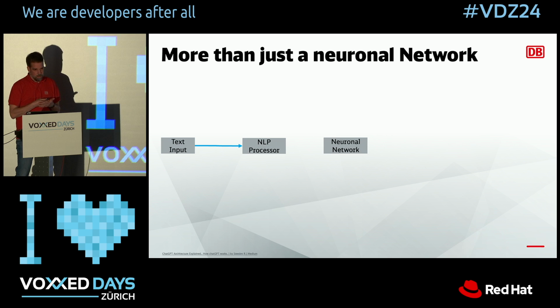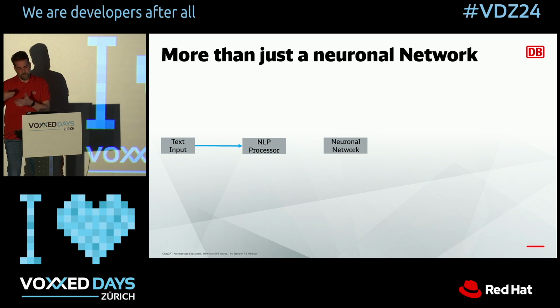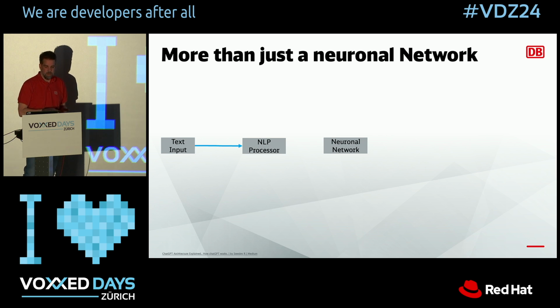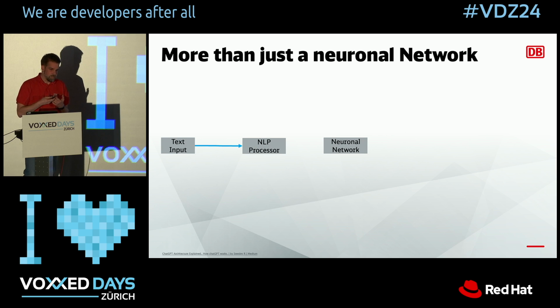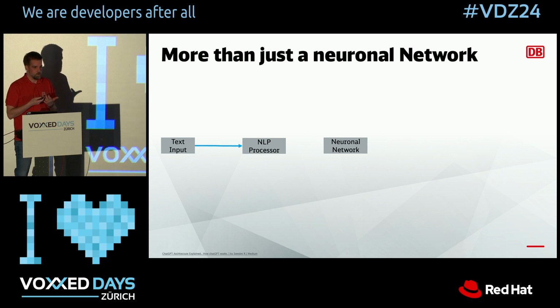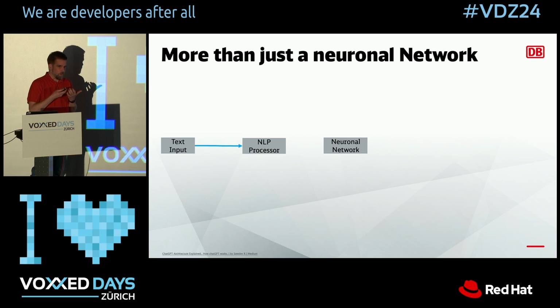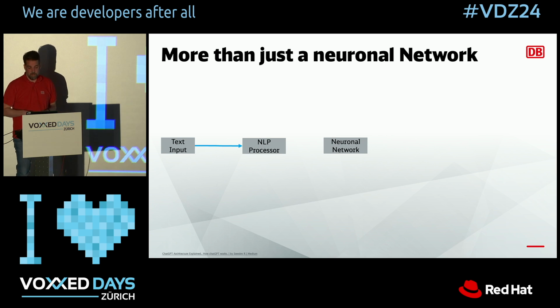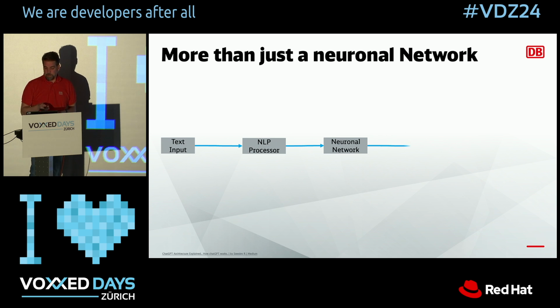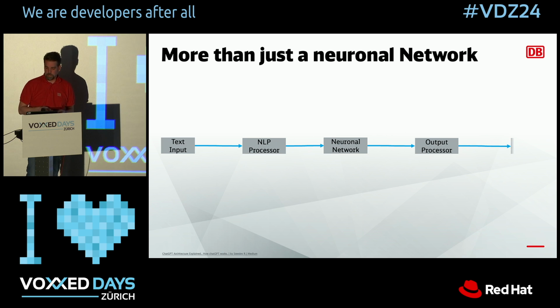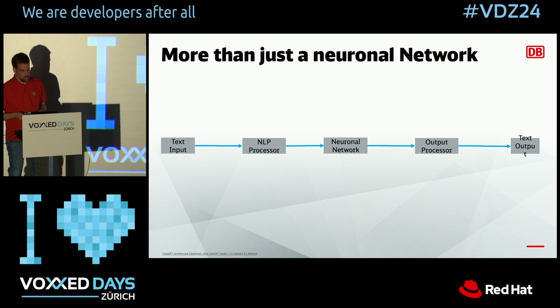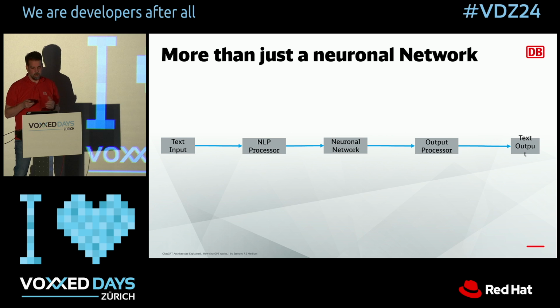This is already quite important, because your text will not just be fed to the neural network. There's a language processor before it, so that it understands the difference of words, for instance, whether when you talk about Washington, it's the person or the city. This is fed to the neural network. Then there's again some kind of output processor and text output. But that's not everything.